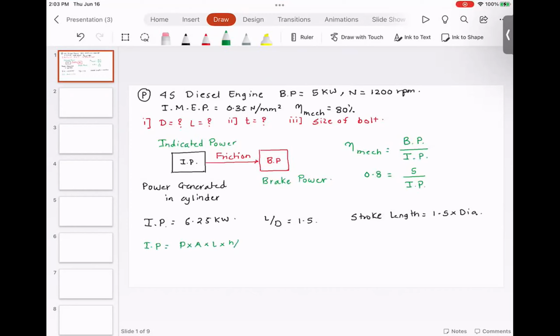Now this is the 4-stroke engine, so please note this N by 2, and this is because of the 4-stroke. So 6.25 equals 0.35 times pi by 4 D square L times 1200.